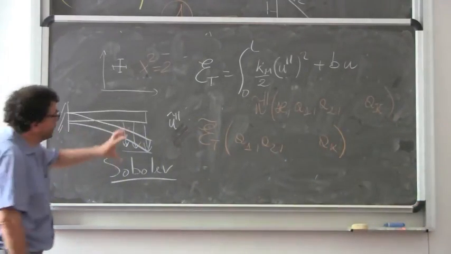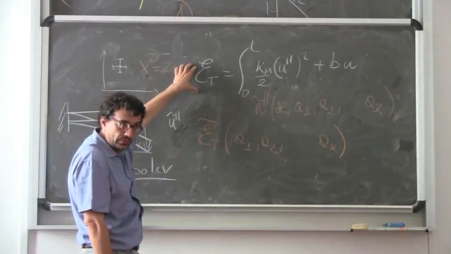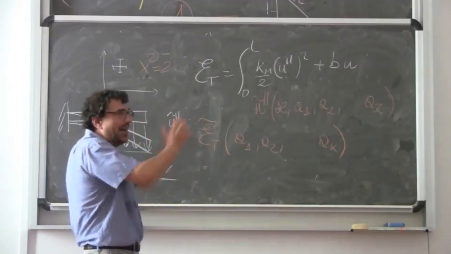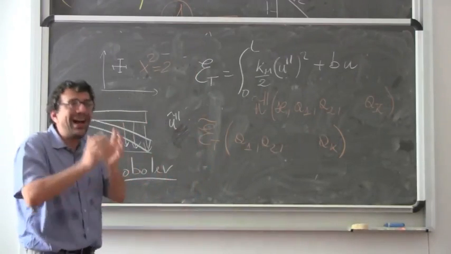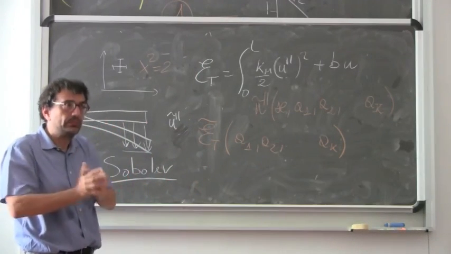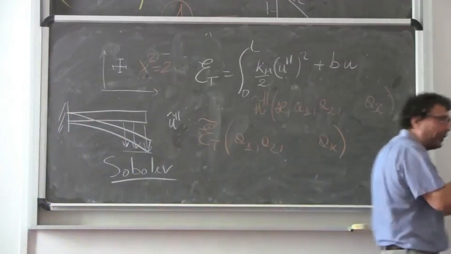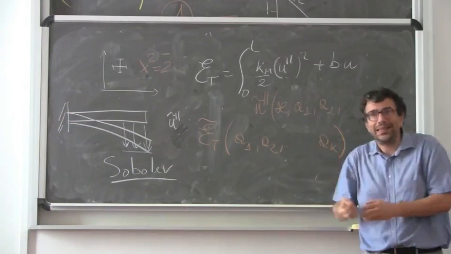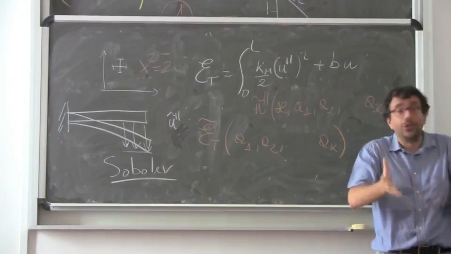So, we have a functional, so we have a rule which, given a function, gives you as an output a number. Okay? So, the domain of a functional is a set of functions. I know it is difficult.